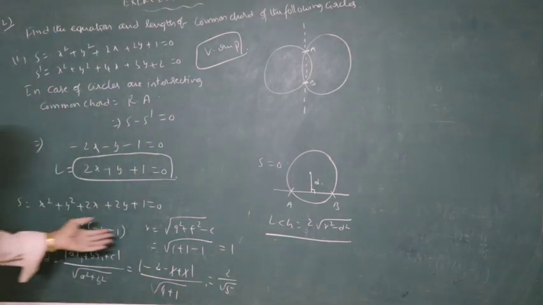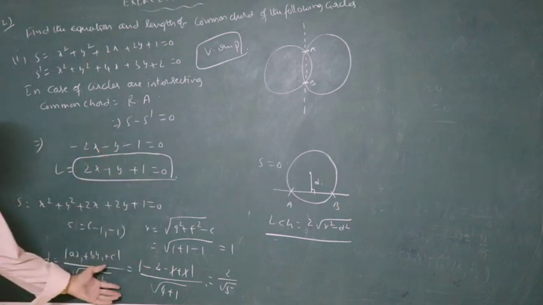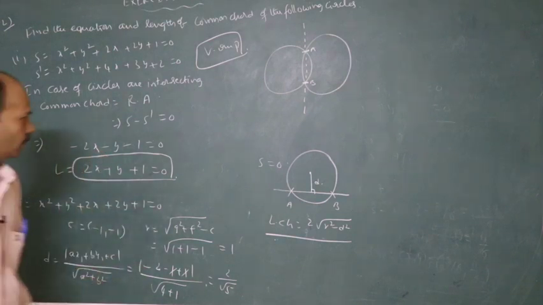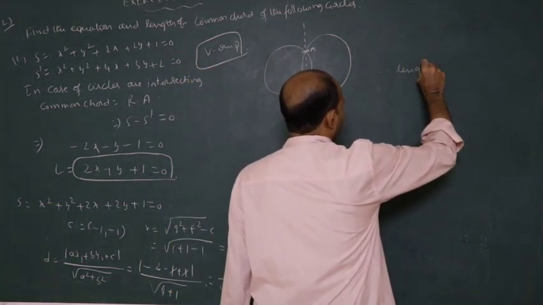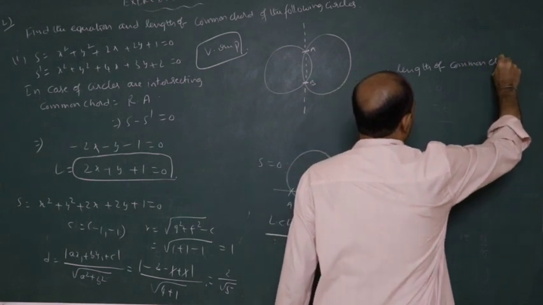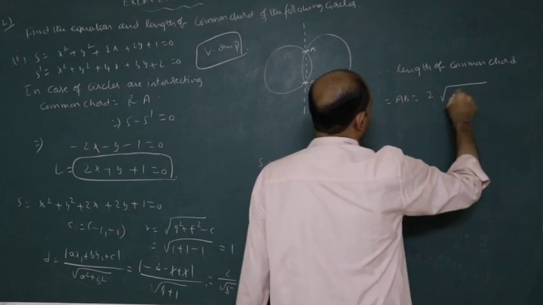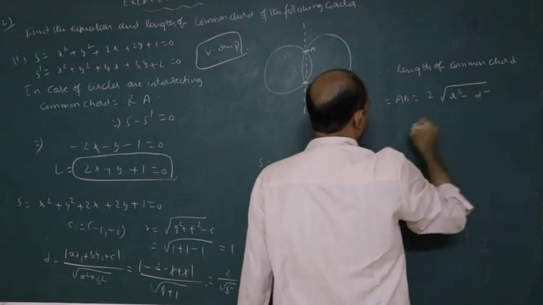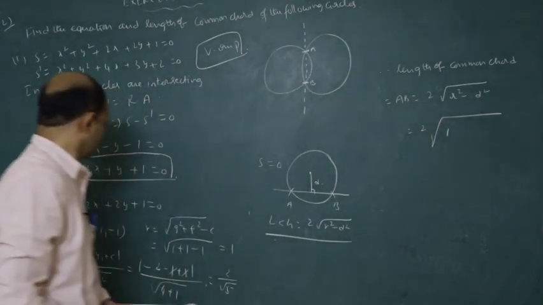We have found the center, the radius, and the distance from the center to the corresponding line. Now, what is the value of the length of the common chord? Length of common chord AB is 2 into root of r square minus d square.